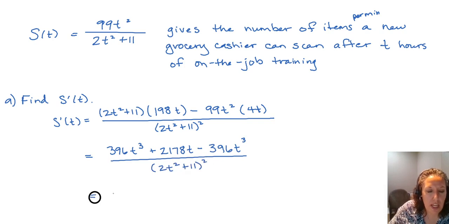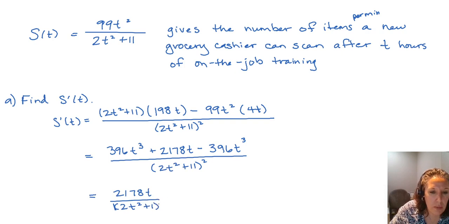And then when we combine like terms in the numerator, those t cubed terms add to 0, and we're left with just 2,178t over 2t squared plus 11 quantity squared.